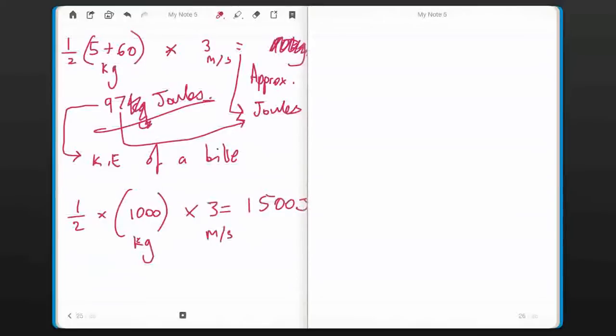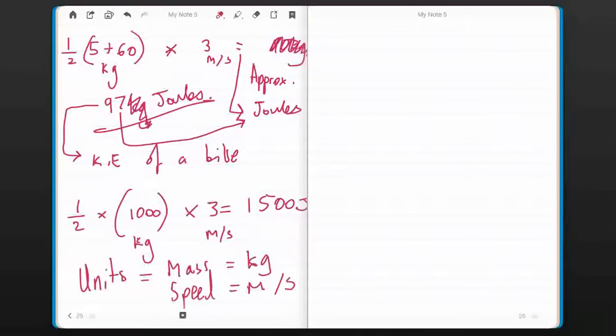And just remember, the units should always be mass in kilos, speed in meters per second, and energy in joules.